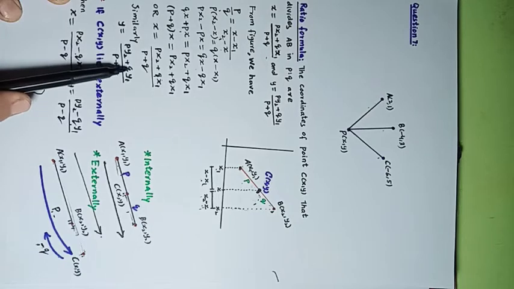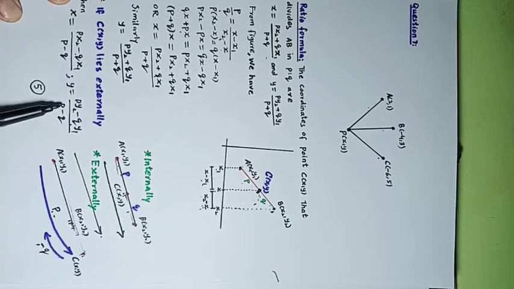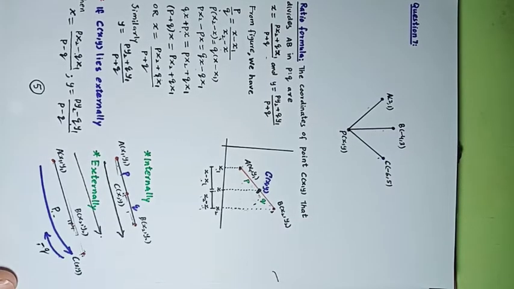And if we replace Q in the y coordinate by negative Q, we get the y coordinate of the point C when it is lying externally. Hence replacing Q by minus Q, we get the case of externally, that is, the case when C is lying outside AB.